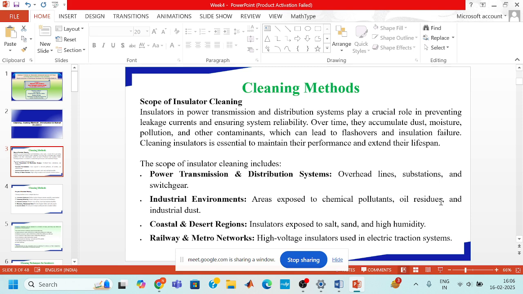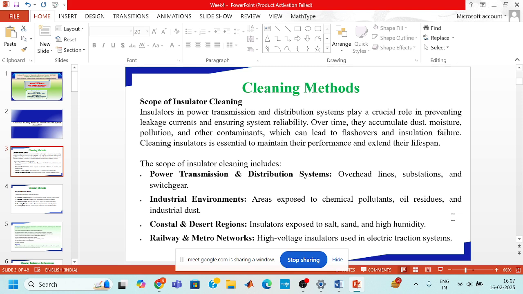The main scope of insulator cleaning includes power transmission and distribution systems like overhead lines, substations, and switchgears. Also industrial environments, the areas exposed to chemical pollutants, oil residues, and industrial dust.